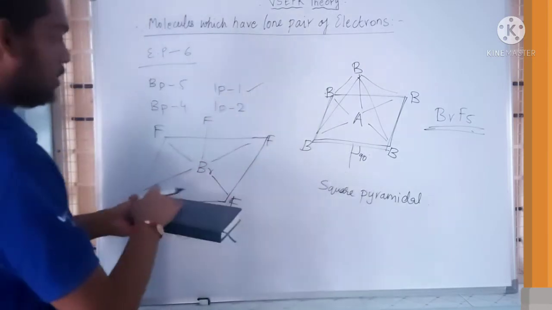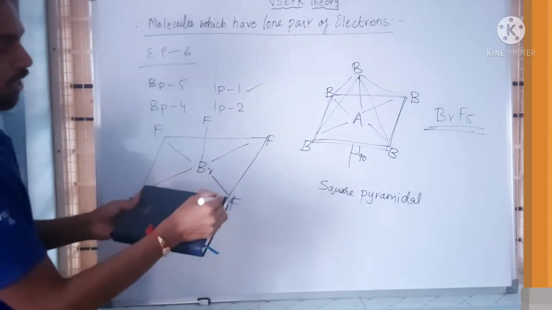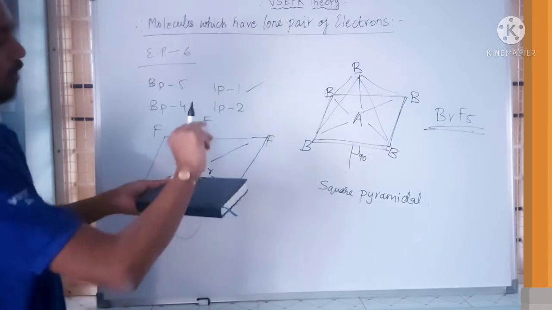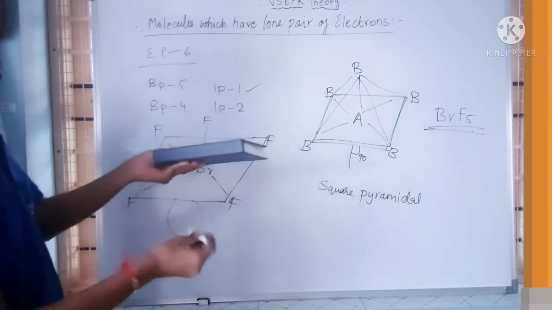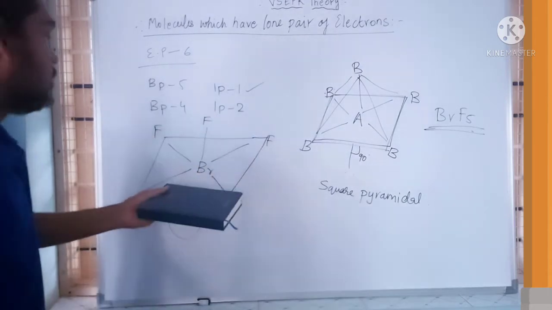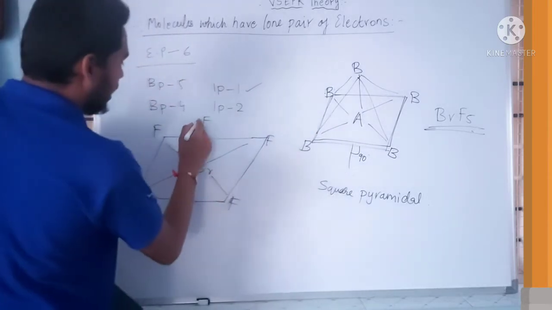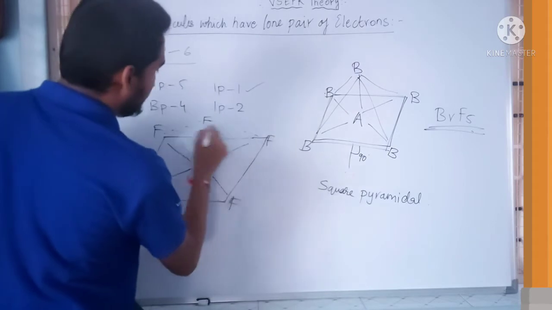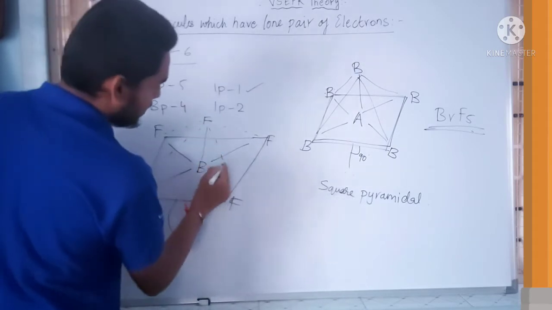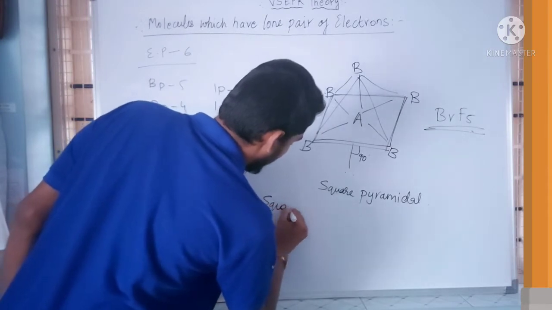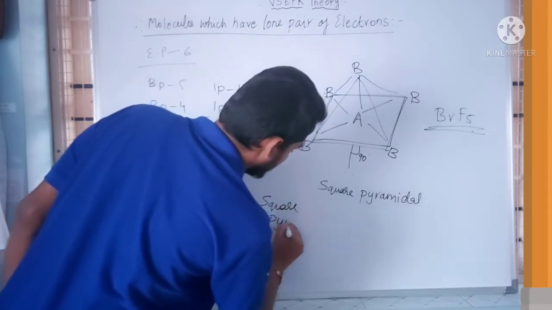So this is the plane. These fluorine atoms are on the 4 corners, one is above the plane and one lone pair is below the plane. This is how it looks. We call it square planar with an atom above. We can just draw a pyramid over it. It looks like an Egyptian pyramid, so it is a square pyramid.